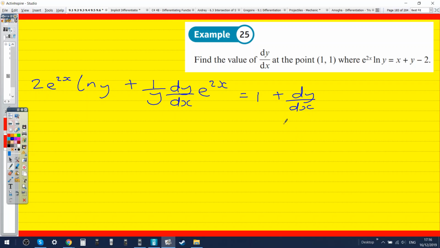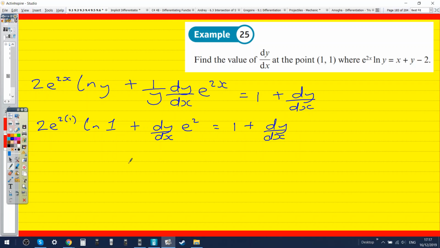And then you substitute x and y as 1. So 2e to the power of 2 ln 1 plus dy by dx e squared is equal to 1 plus dy by dx.